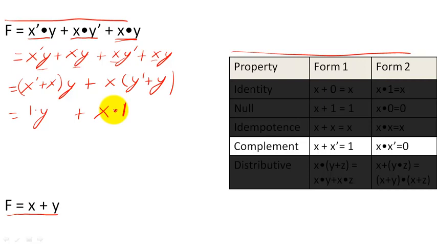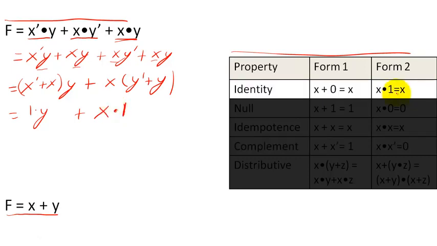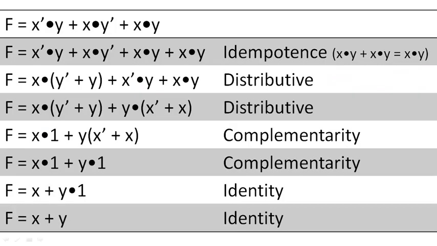Finally, I can use this identity property where I have x and 1 is equal to x, so this is just going to be equal to y or x. So now I can see that I have f is equal to x or y. Just to be able to recap, and you can see what I did step by step, here is everything in its gory detail.